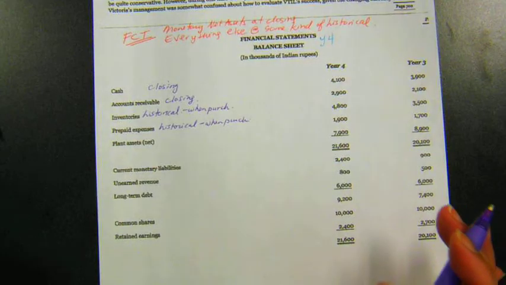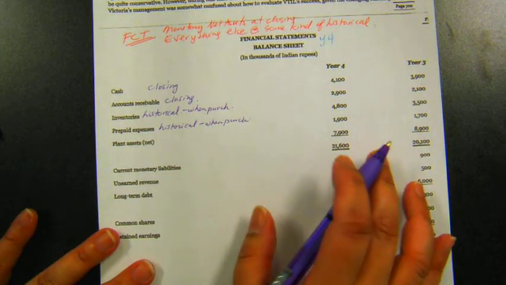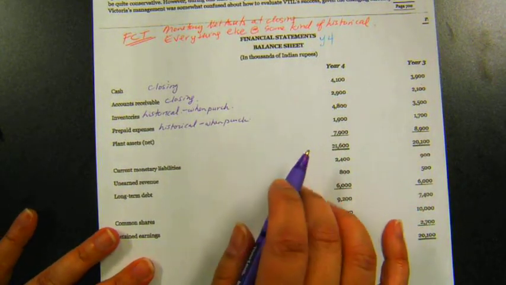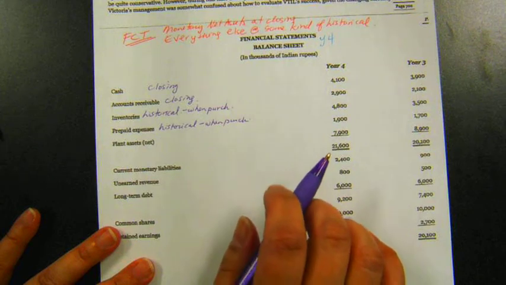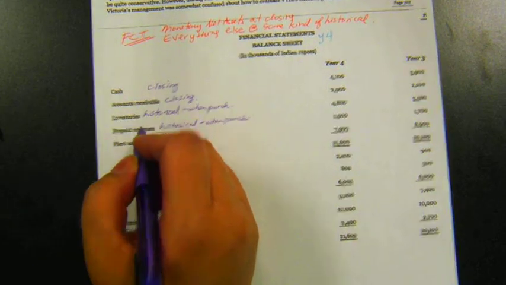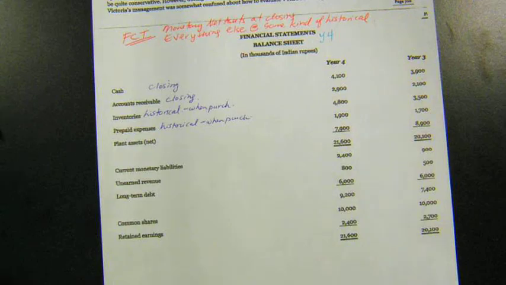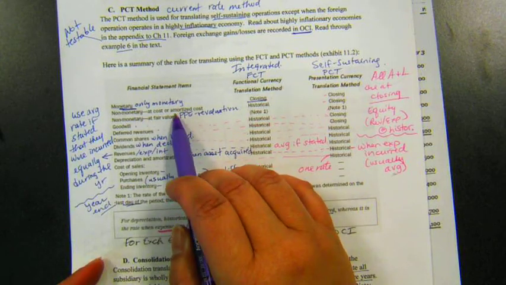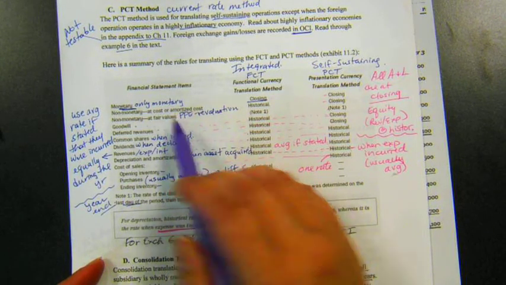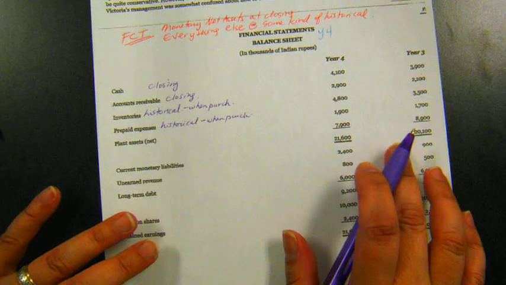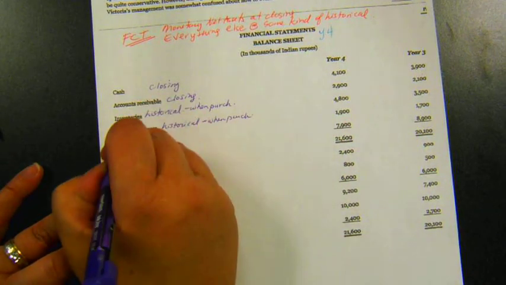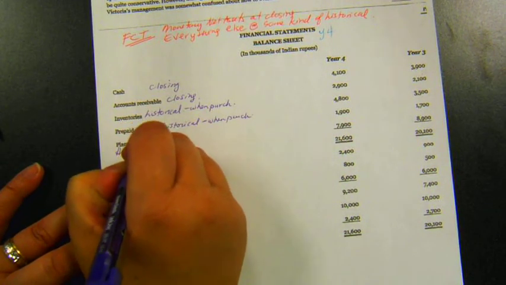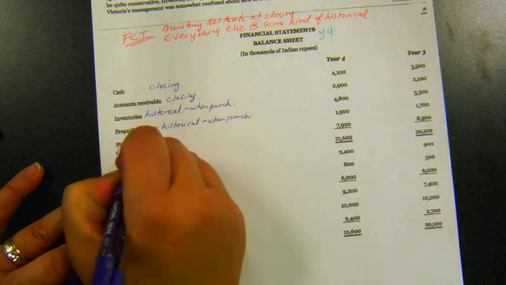Now, the plant assets are a bit trickier. Because when do we do plant assets? They're non-monetary at cost or amortized. Okay? And it's when they were. So this is historical when purchased.